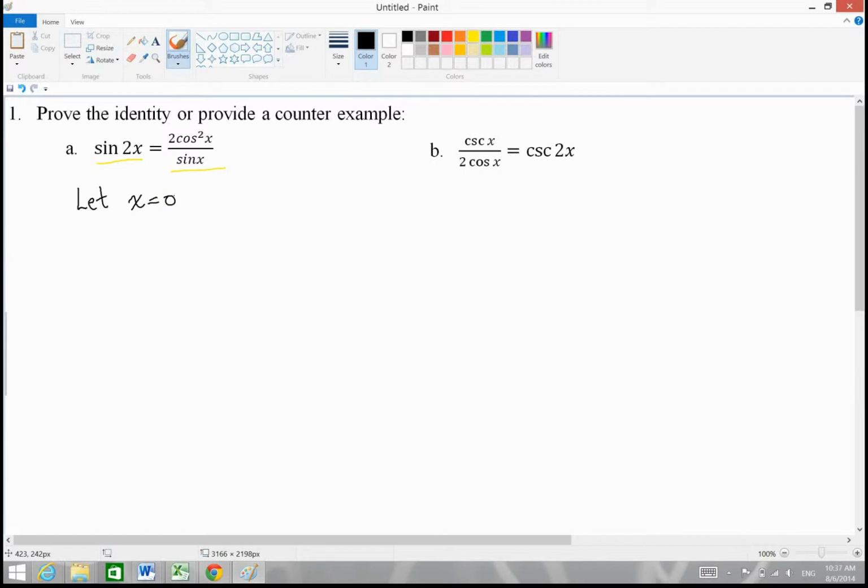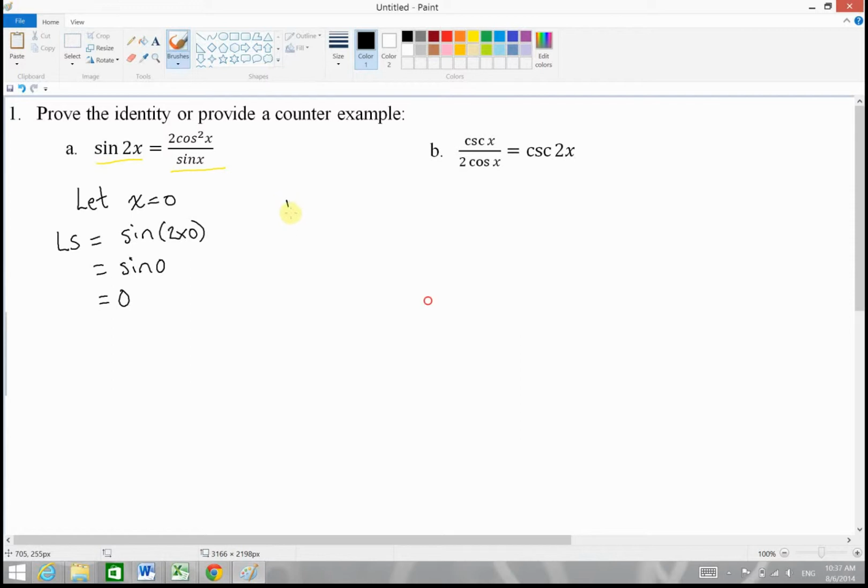We're going to show the left side and the right side separately. So we sub in our value of 0. Sine of 0 is equal to 0.